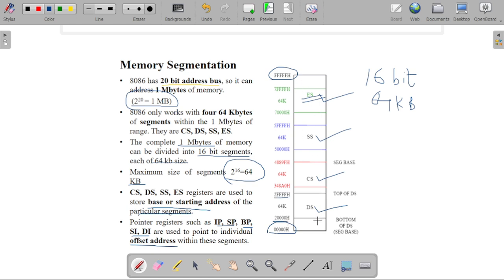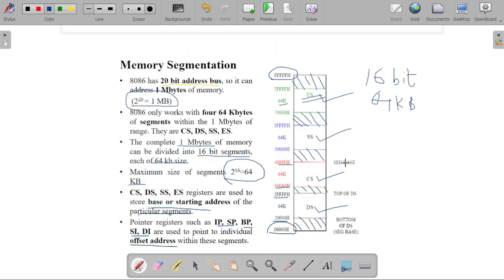Each segment has different memory locations for its starting and ending, but each has the same size, 64 kilobytes. This space here is vacant and is not allocated to any segment. This is also vacant space not allocated to any segment, and it will be reserved for different kinds of operations performed by the microprocessor. So that is the concept of our memory segmentation.